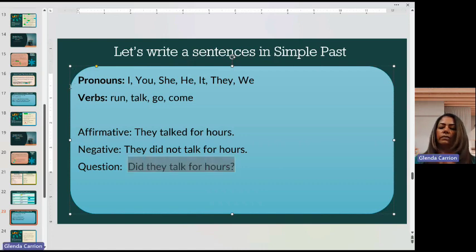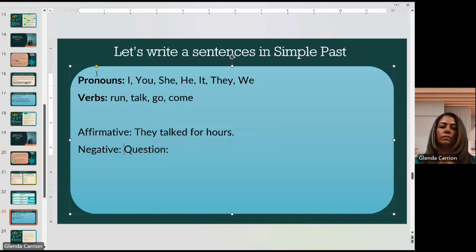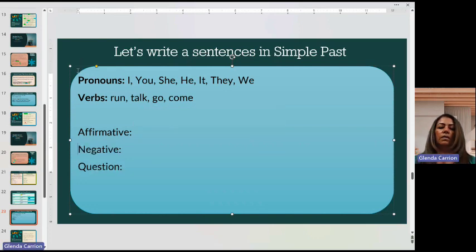Let's do another one. All right. So now I am going to select the pronoun she. And now I want to use the verb come.